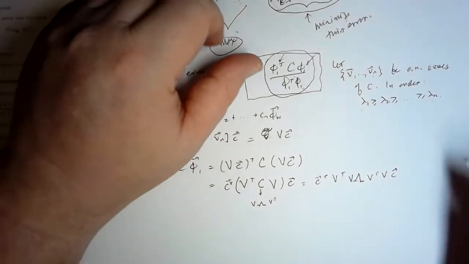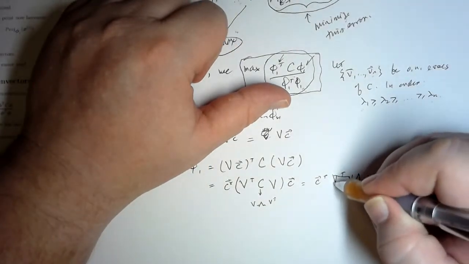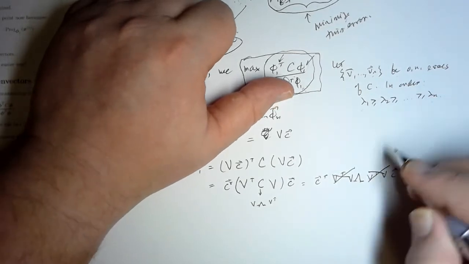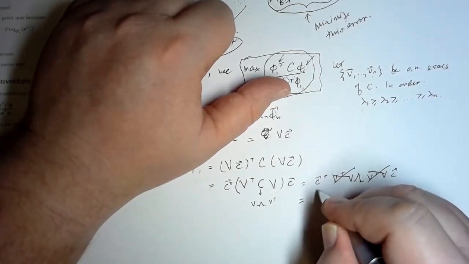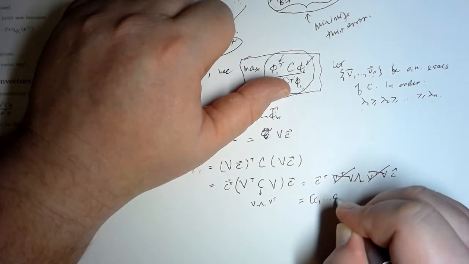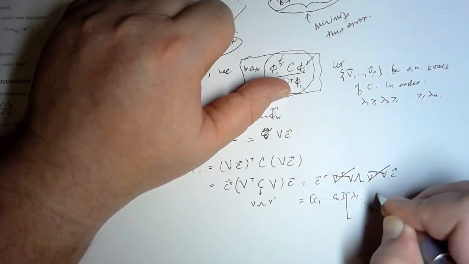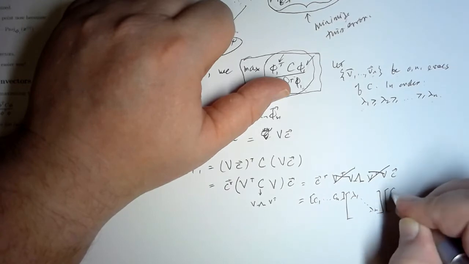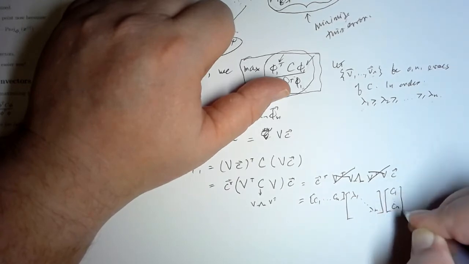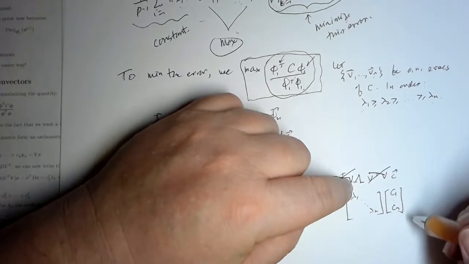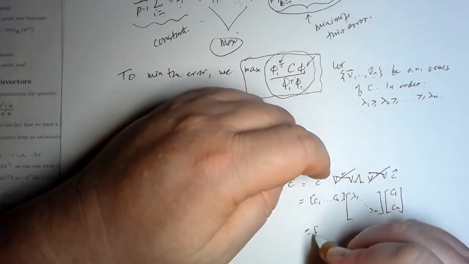Okay, there's a lot of V's in there. But V transpose V is just the identity. And so you end up with C transpose, that's C1 through Cn, times lambda 1 through lambda n, times C. Okay, and now how would you compute this?